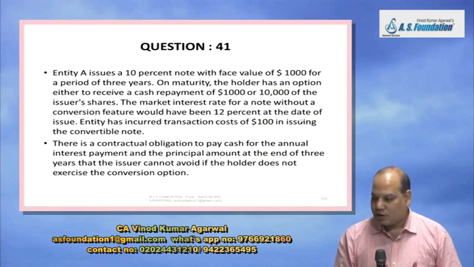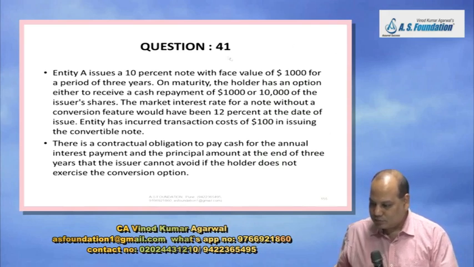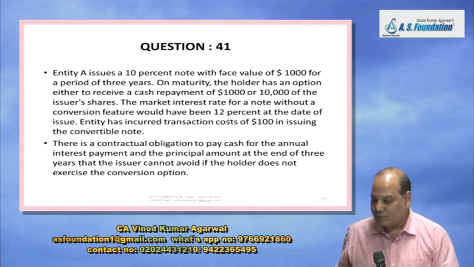So I will consider that 1,000 also in the last year because the option is with the holder. Market rate for a note without a conversion feature would have been 12% at the date of issue. So this is the discount rate. What is the new thing they have added now? Transaction cost of $100 in issuing the convertible note.